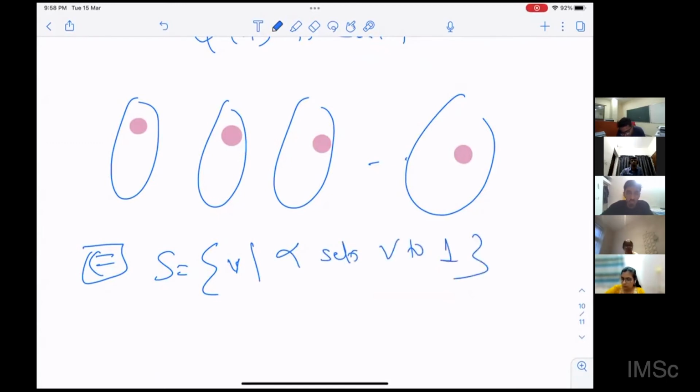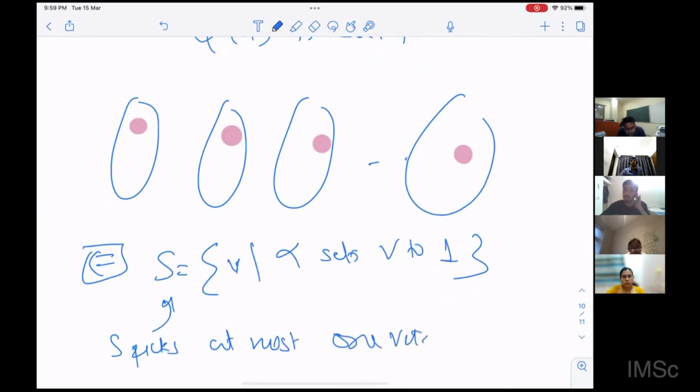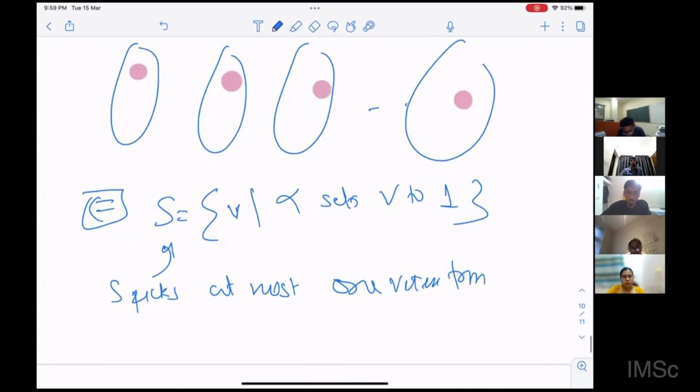What is the property of S? First of all, there are two properties. S picks at most one vertex from each class, because of the constraint. Plus, S is a vertex cover.